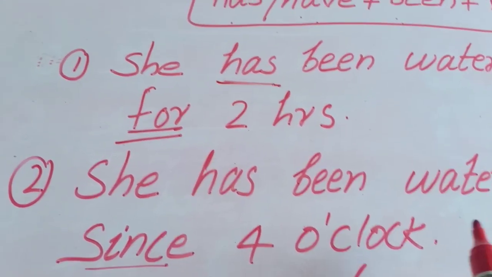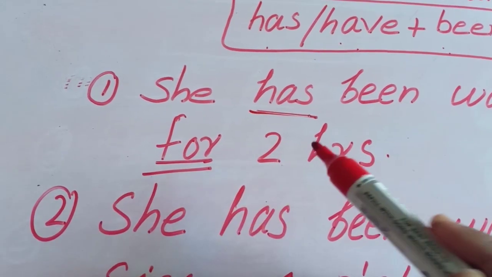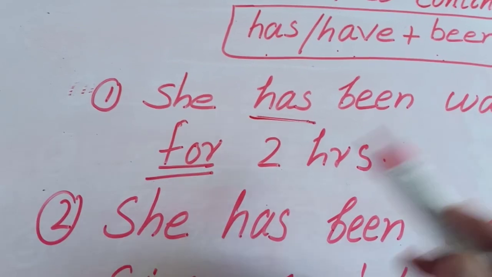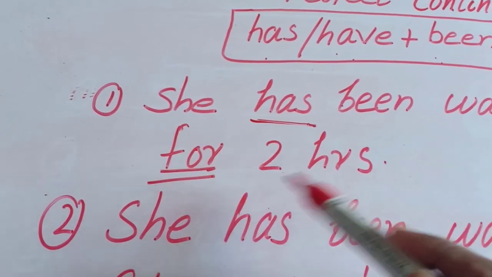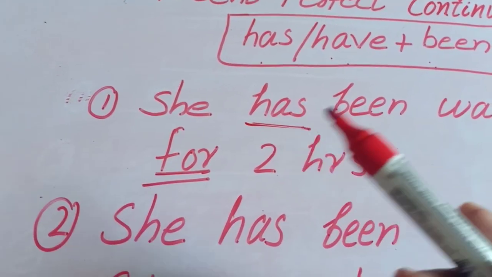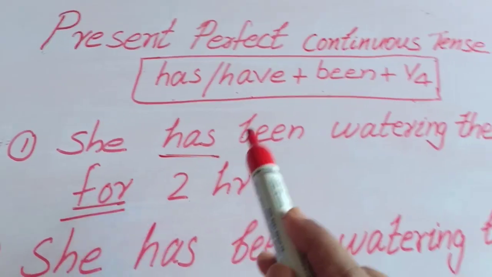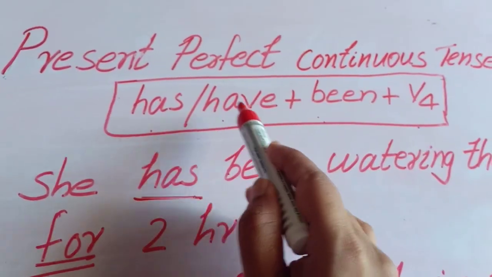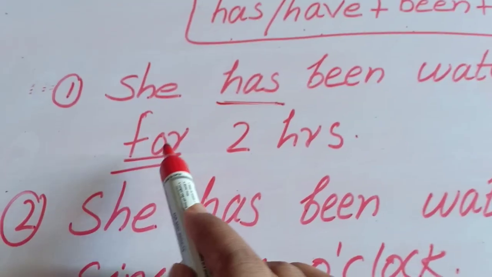A period of time means 2 hours, 4 weeks, 4 months, 4 years, or several years. Then also we should use for. So these are the two things you should remember when writing present perfect continuous tense: has or have plus been plus V4, and also for and since.